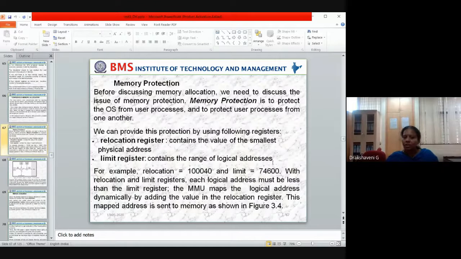With the relocation and limit registers, each logical address must be less than the limit register. So what is the limit here? Suppose Akash has been given a limit of 10 bytes of memory, and in the same way Mithili is also given 10. So the limit is given for you to consider.